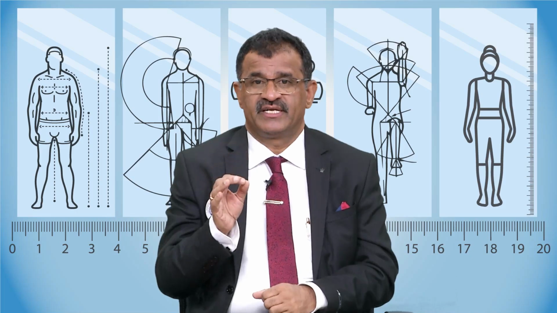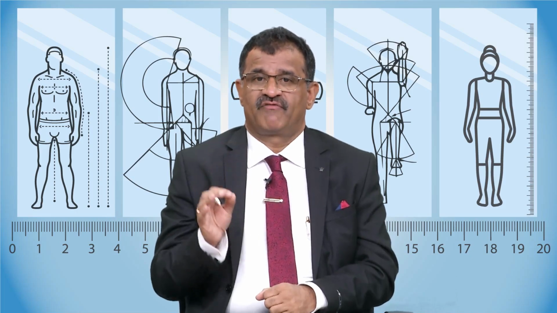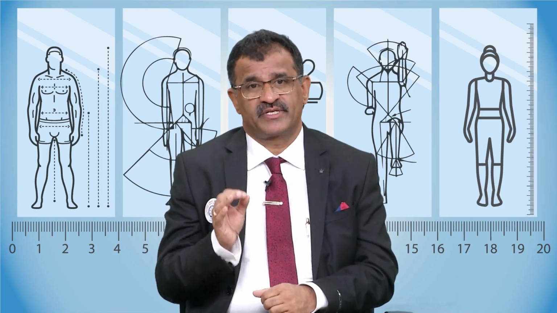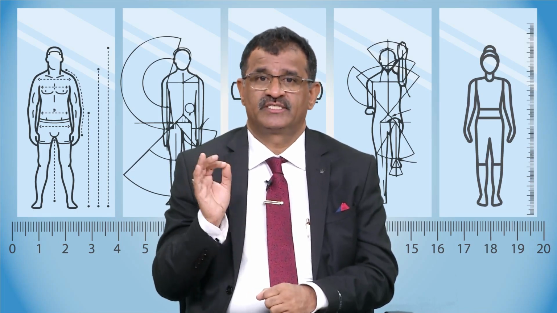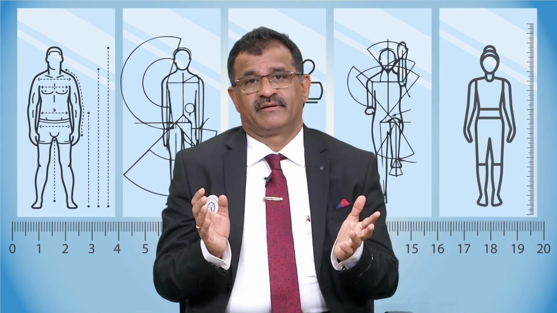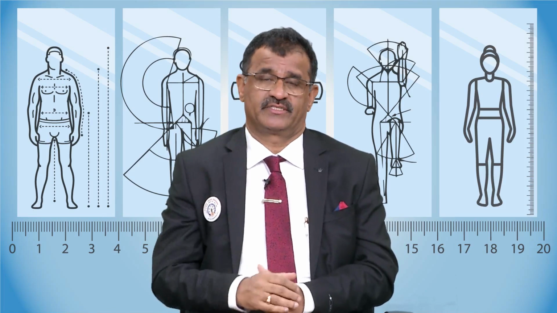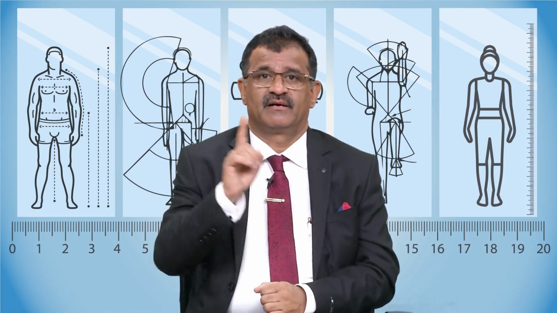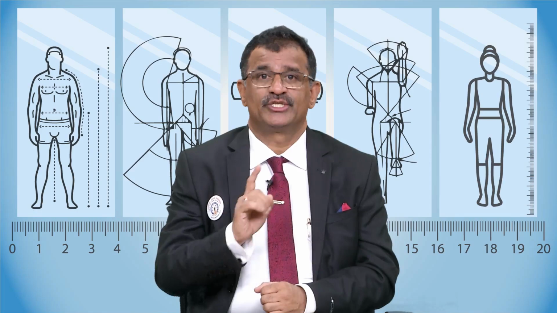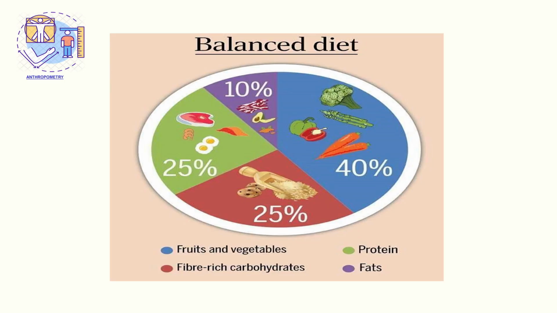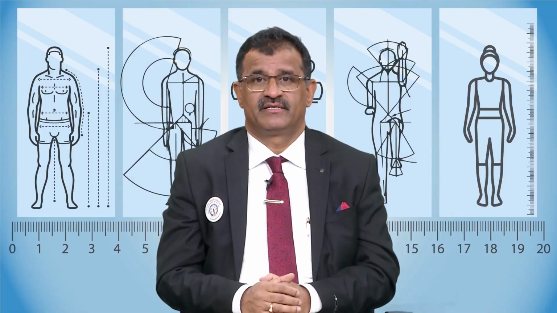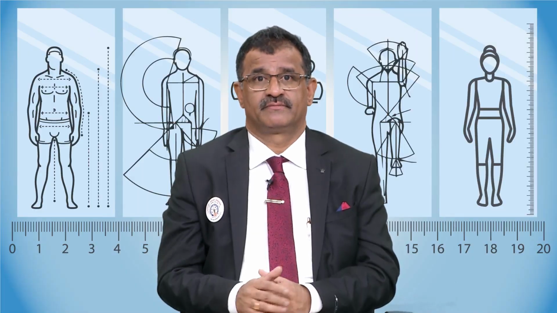The 25% requirement of carbohydrates, 25% requirement of proteins, and finally we require less fats of about 10%. This makes a balanced diet of an individual. This image will explain you all about a balanced diet required for a fit, nutritionally healthy person.